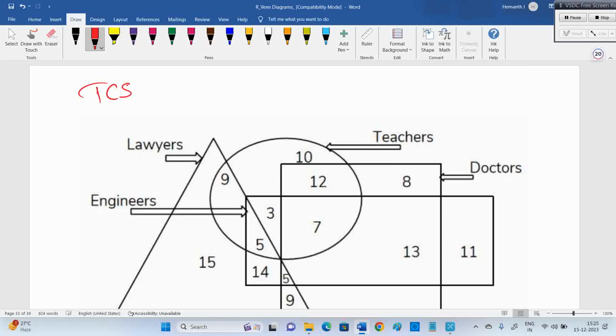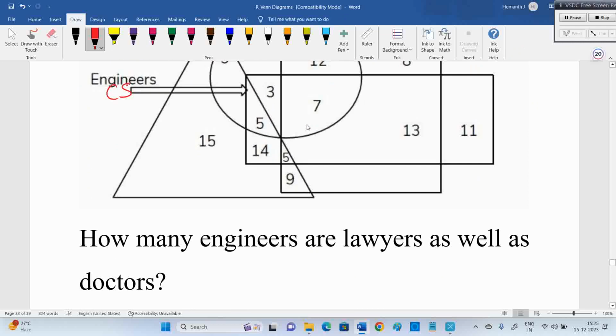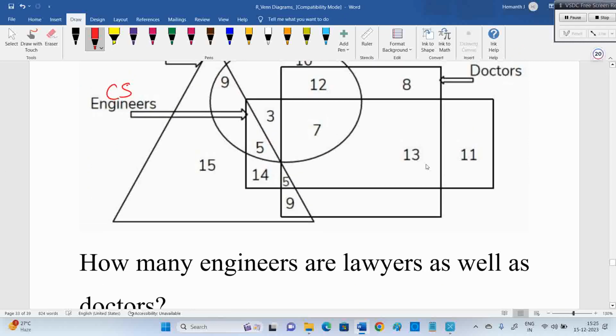Everyone try this. What are they asking? Engineers are lawyers as well as doctors. All three intersection.